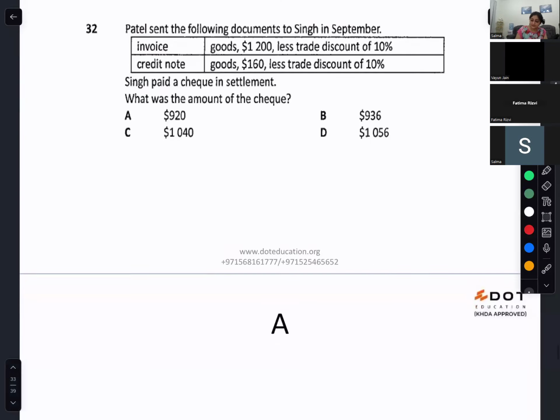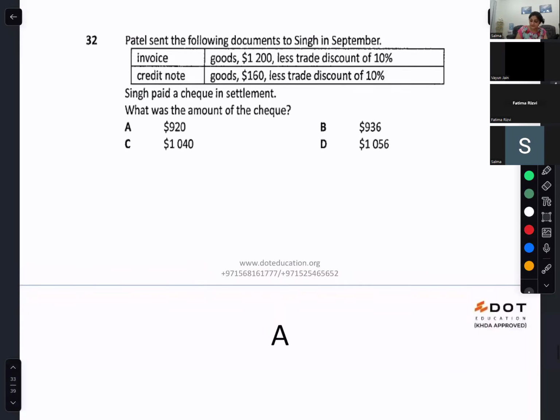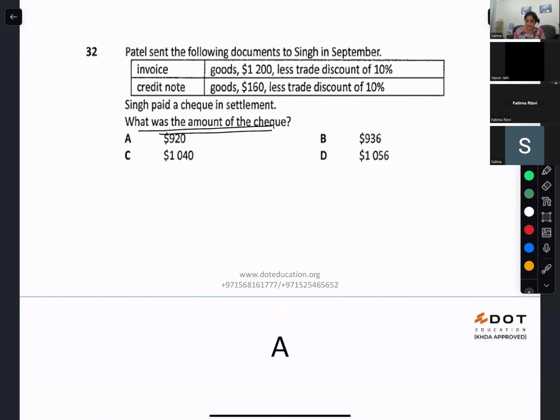Fatima, read the main question. What was the amount of the check? Invoice is for what? Credit sales. So this was issued for credit sales, and this is for sales return.